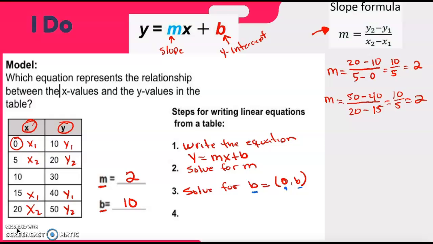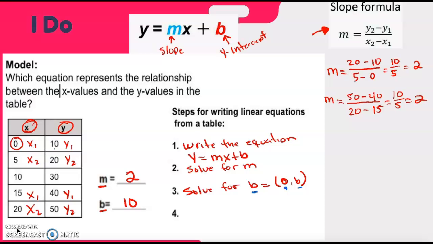So when x is 0, y is 10. If x would have been 0 and y would have been 5, then b would have been 5. So always look for the value of 0 for x, and whatever value y is, that would be the value for b, your y-intercept.